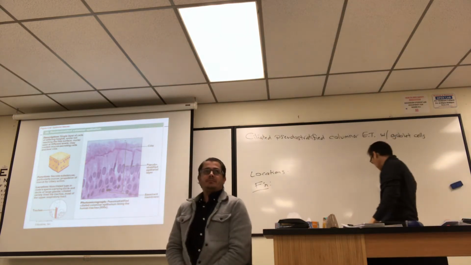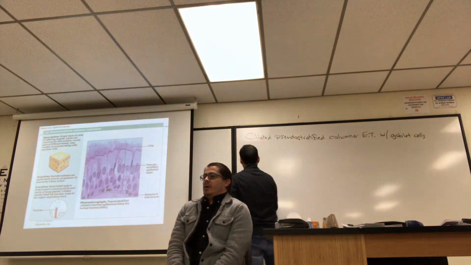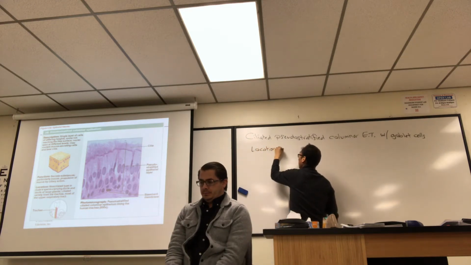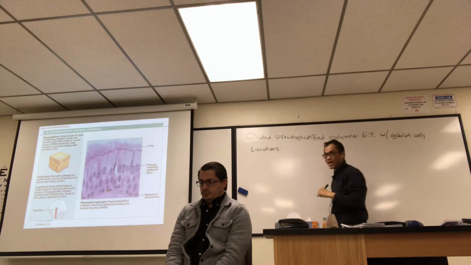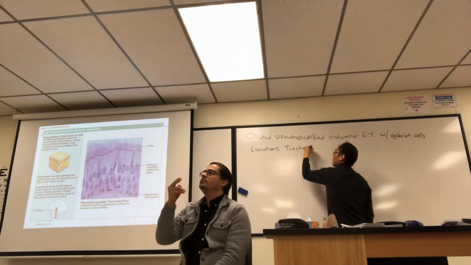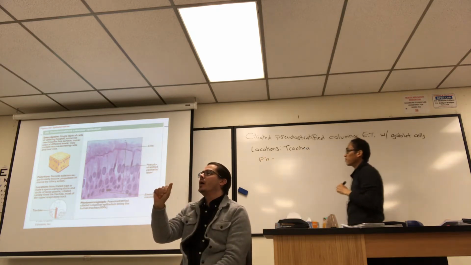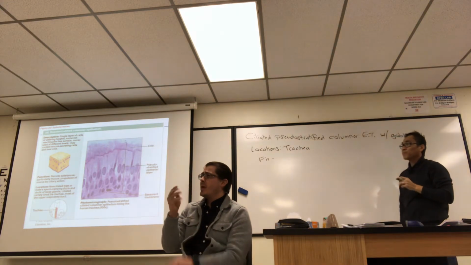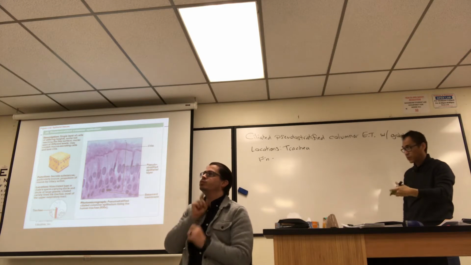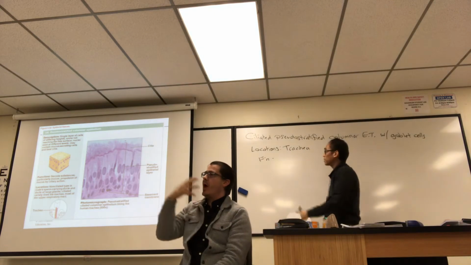In terms of locations, an example I'll show you is from the windpipe, the trachea. And the function, because of all the goblet cells and cilia, is a mucus escalator function. So it catches the debris, and the mucus is coughed up and out, and the cilia help beat it.